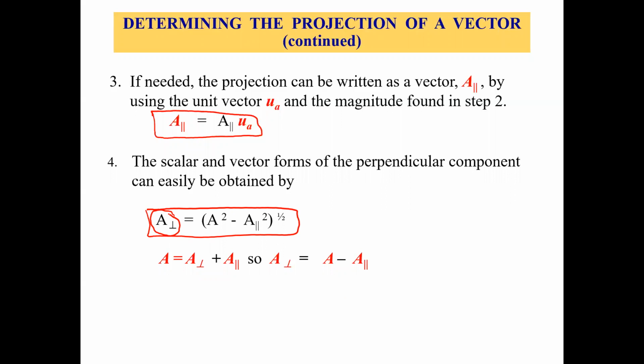Right, so that's how we can find A perpendicular in scalar form. Now, to find the same in vector form, we use this. A perpendicular equals A minus A parallel. Okay. So this will give us the perpendicular component in vector form.